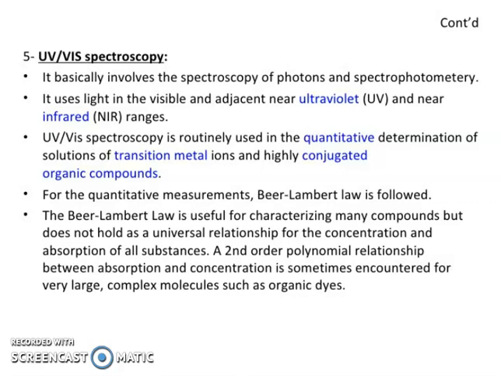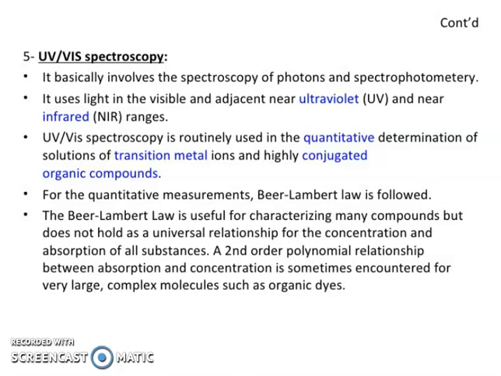UV-visible spectroscopy. You can see it basically involves the spectroscopy of photons and spectrophotometry. It uses light in the visible and adjacent near-ultraviolet and near-infrared ranges. UV-visible spectroscopy is routinely used in the quantitative determination of solutions of transition metal ions and highly conjugated organic compounds.